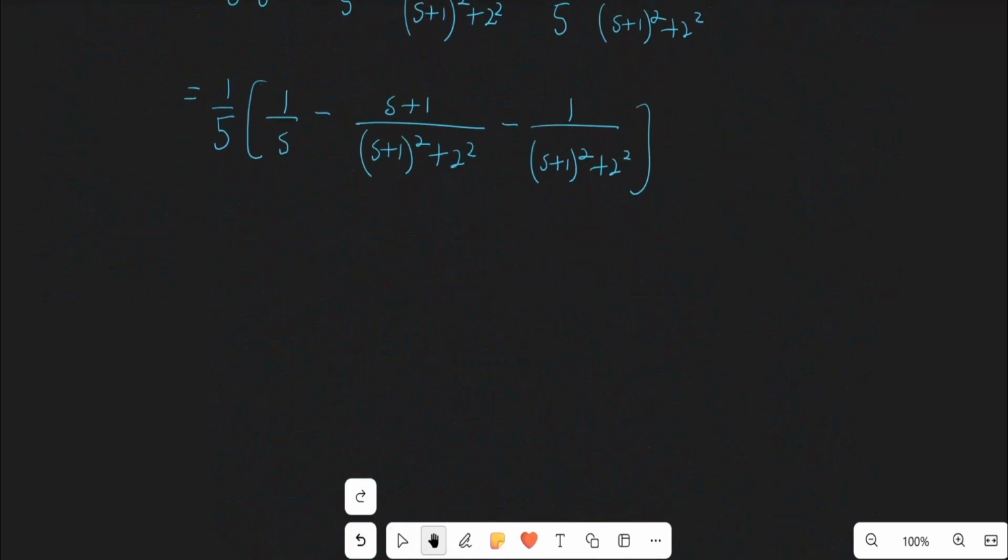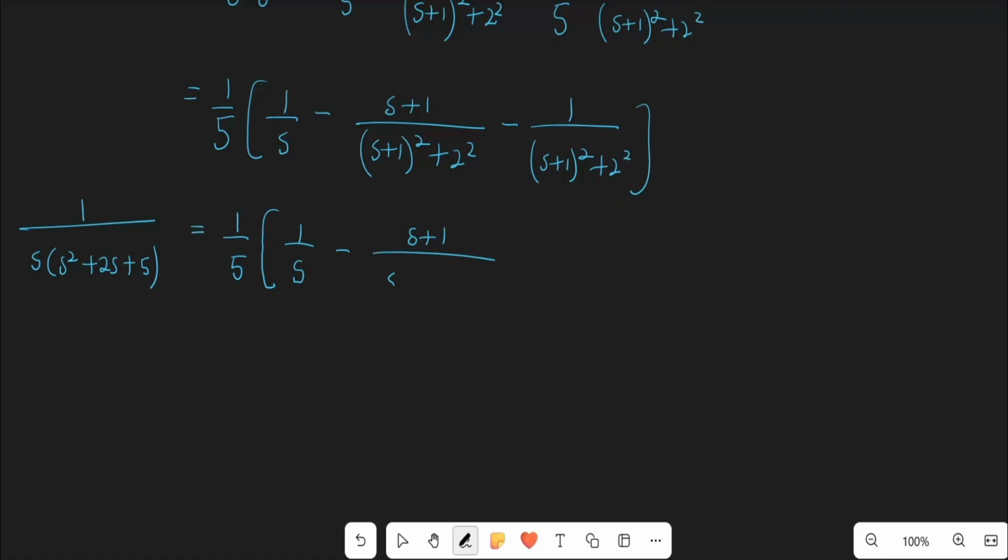So now let me write that. So 1 all over s times (s² + 2s + 5). Using partial fractions, this one is 1 over 5 outside, and then 1 over s minus (s+1) all over (s+1)² + 2² minus 1 all over (s+1)² + 2², like this.